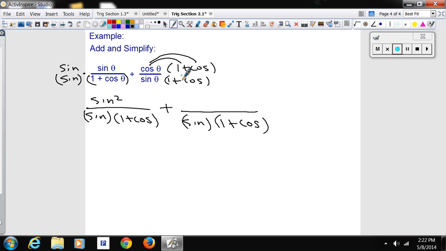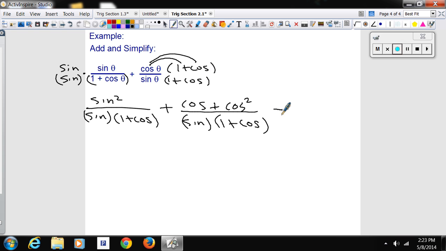So cosine times 1 is cosine, plus cosine times cosine is cosine squared. And look at the top. All I did was I distributed this cosine to both terms. So that's what we have so far.